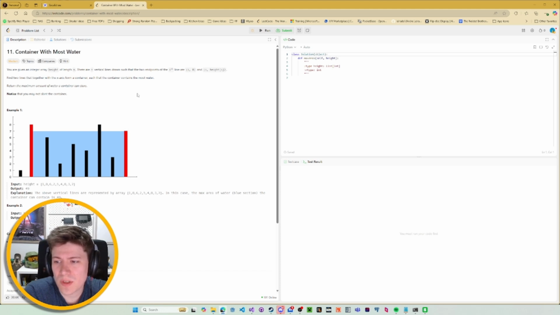My first assumption is to start at both ends and close in, use the numbers, and if the next one's larger, then cool, and if not, then just keep going smaller and smaller. Yeah, we'll see what I come up with.